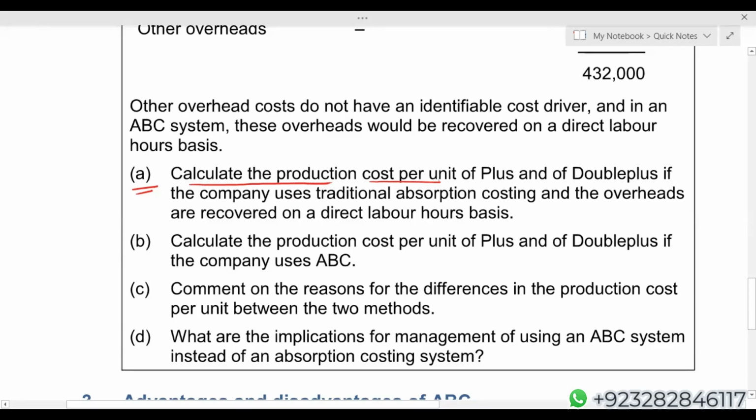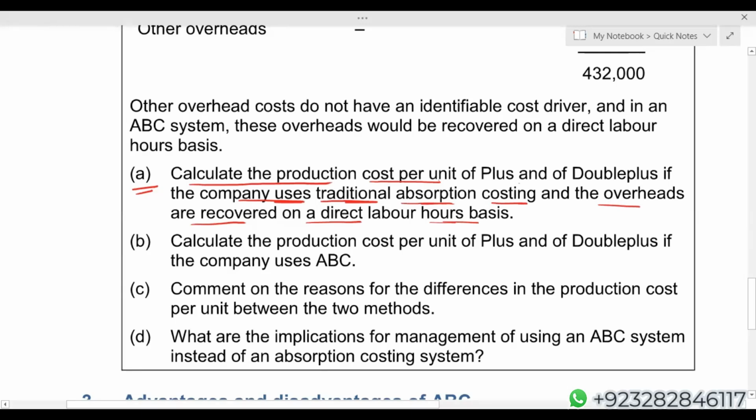Calculate the production cost per unit of plus and double plus if the company uses traditional absorption costing and overheads are recovered on a direct labor hours basis. So simply we are required to calculate production cost per unit. There are two products.